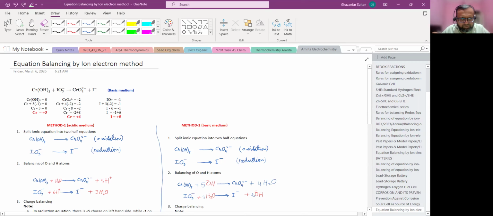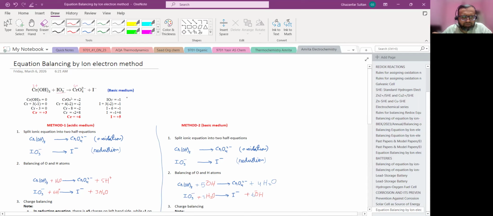So 4 multiplied by -2 is -8. After the mathematical operations, we get chromium as +6. So you can see the chromium on the left hand side is +3, while on the right hand side it is +6.